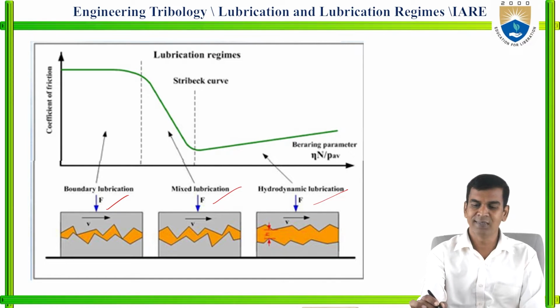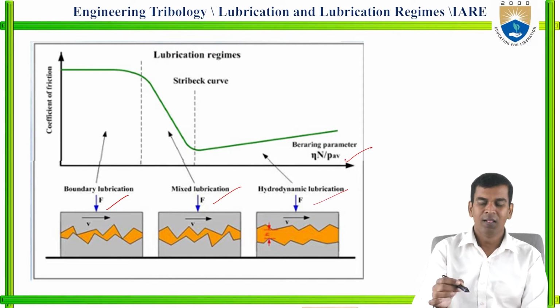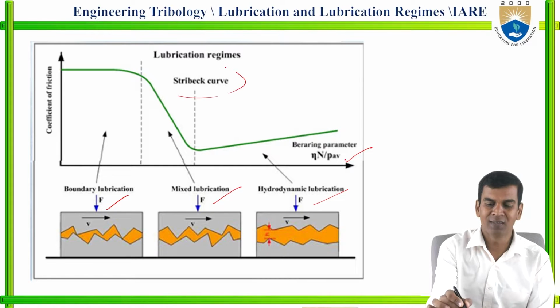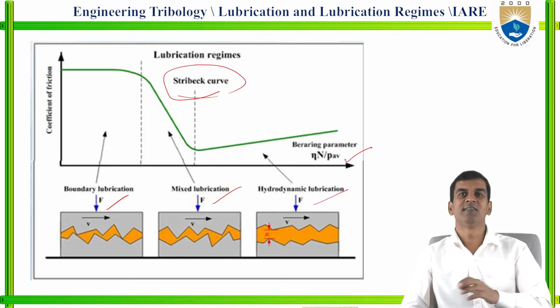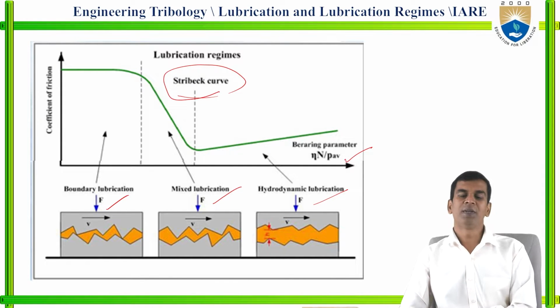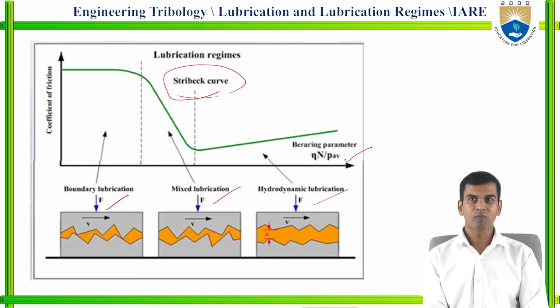Here you can see the bearing parameter, viscosity times speed divided by density times area times velocity. All these parameters depend on the Stribeck curve. Lubrication regimes mainly depend on the Stribeck curve. Here you can see boundary lubrication.